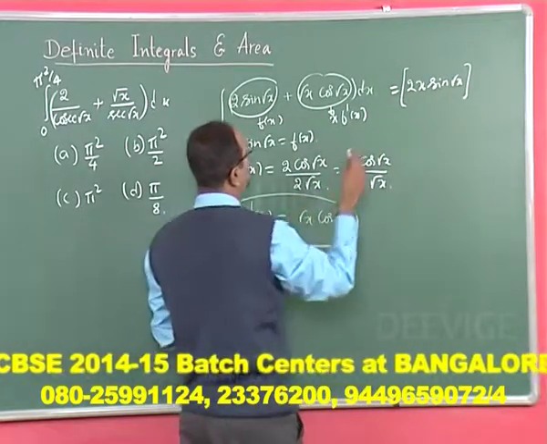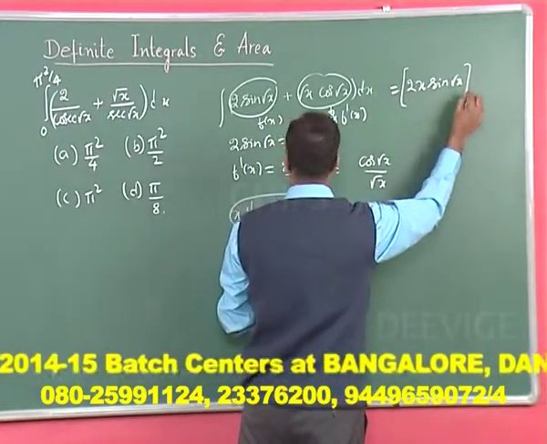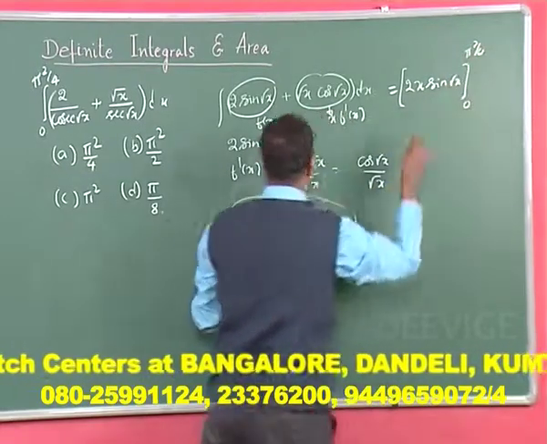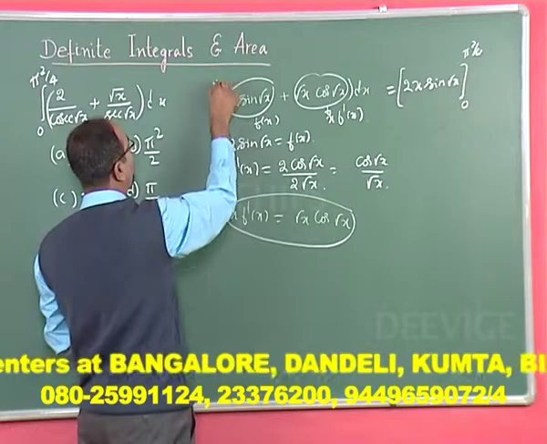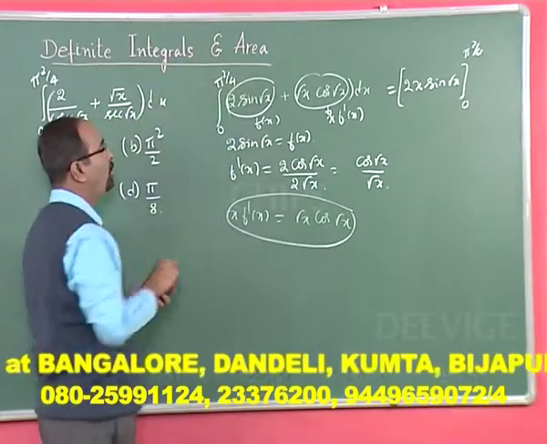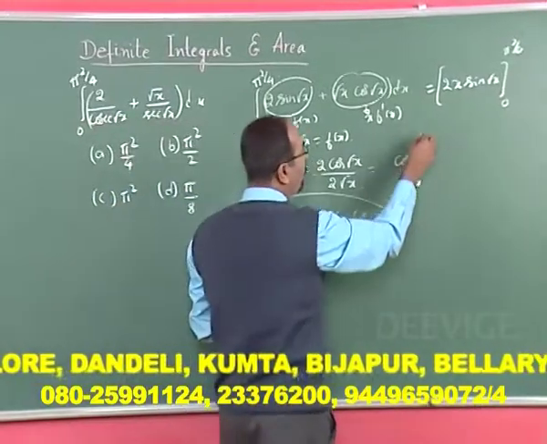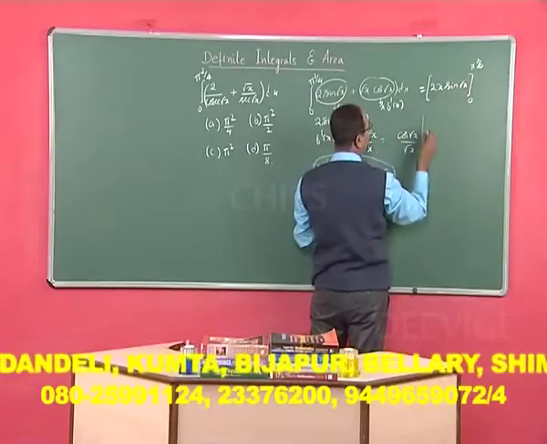And that should be evaluated between 0 and pi square by 4. What is the upper limit here? Upper limit is pi square by 4.